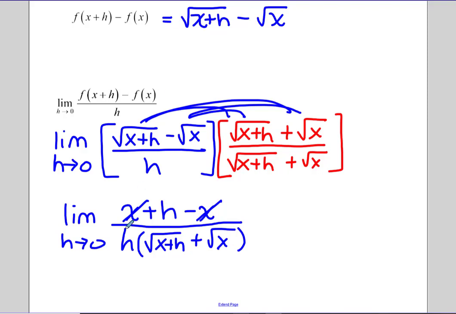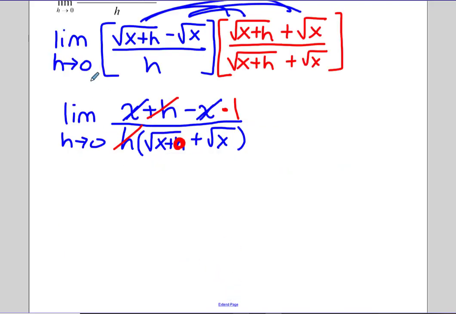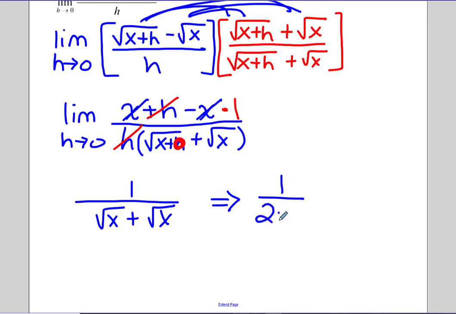So the h's are gone. There's a 1 in the numerator. We're going to substitute a 0 here, and our derivative is going to be 1 over radical x plus radical x. So our derivative looks like 1 divided by 2 square roots of x for our instantaneous rate of change.